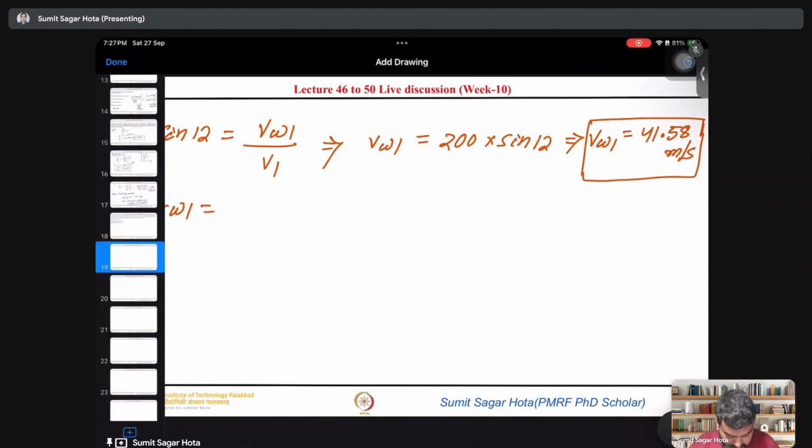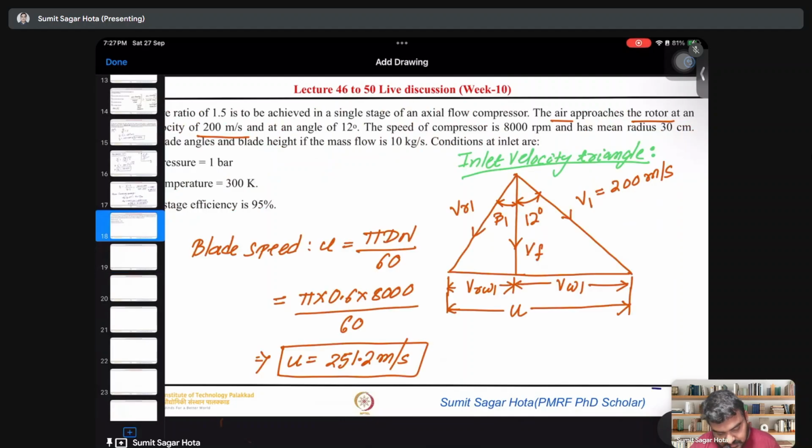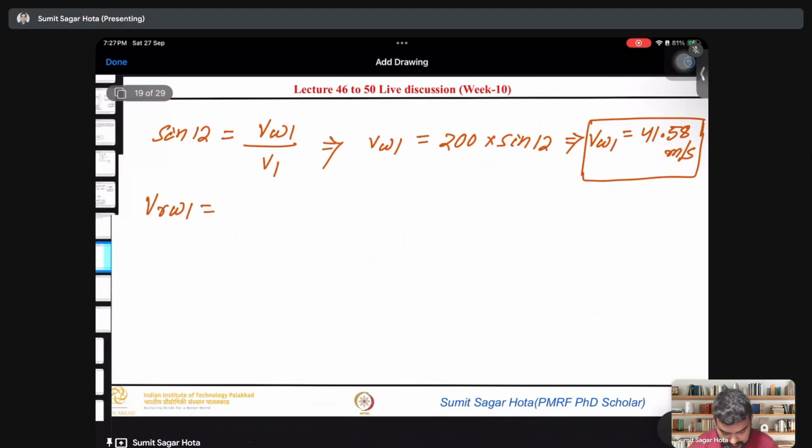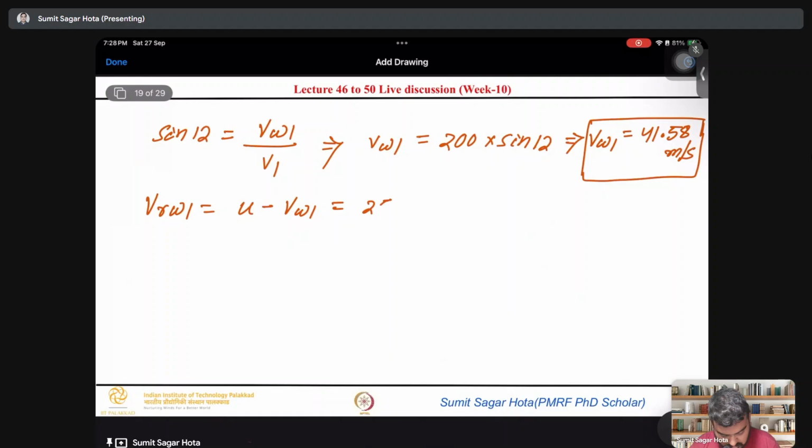VRW1 is equal to U minus VW1, which is 251.2 minus 41.58. So VRW1 is equal to 209.62 meter per second.